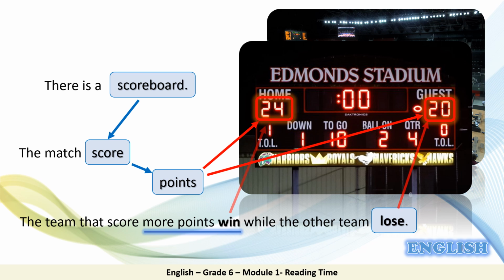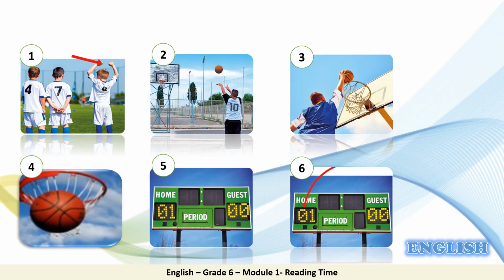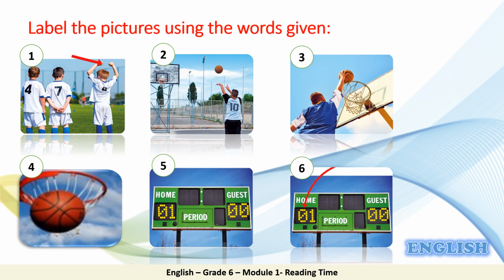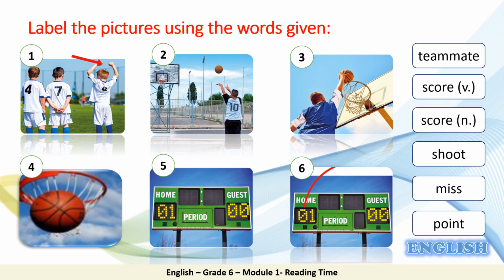Let's move on to the practice. Here is an exercise. What should we do? We need to label the pictures using the words given. The words are teammate, score as a verb, score as a noun, shoot, miss, and point.